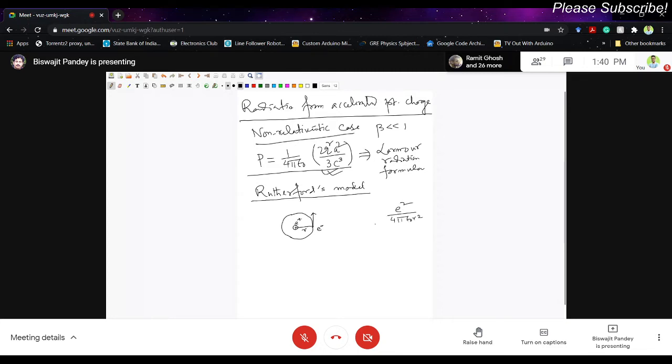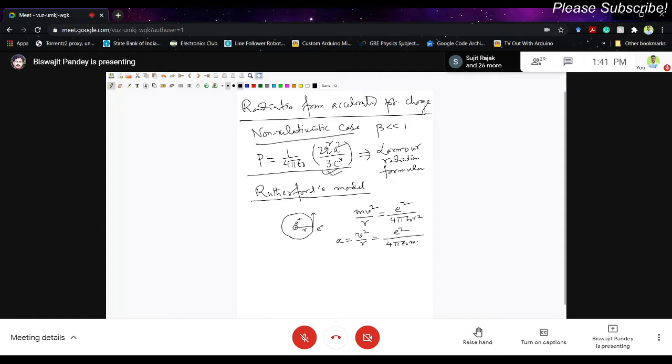This force is balanced by the centrifugal force, which is m v square by r, where m is the mass of the electron and r is the radius of the orbit. From this you can simply write v square by r, which is nothing but the acceleration a, equal to e square divided by 4 pi epsilon 0 m r square.